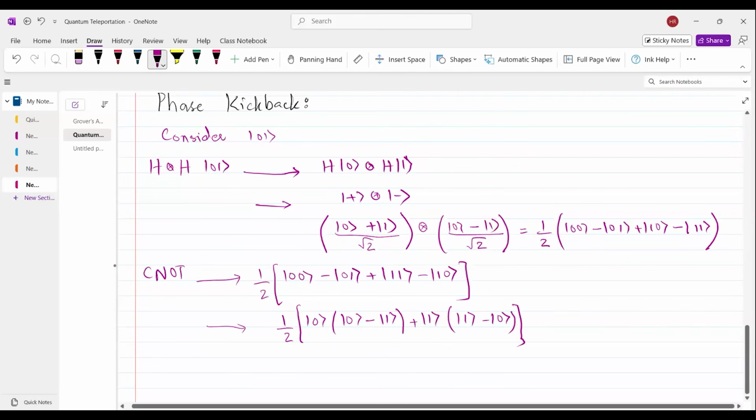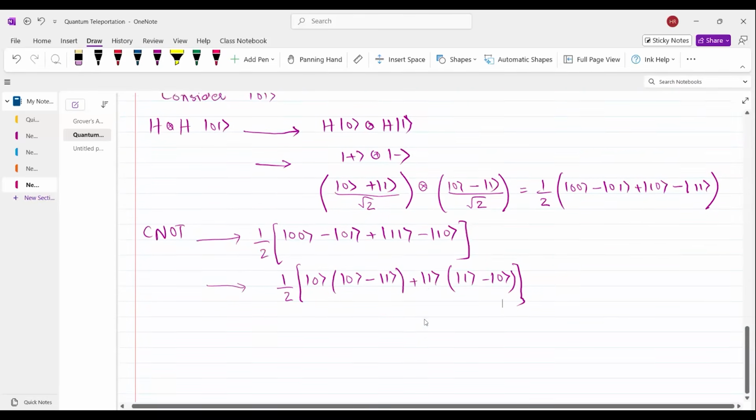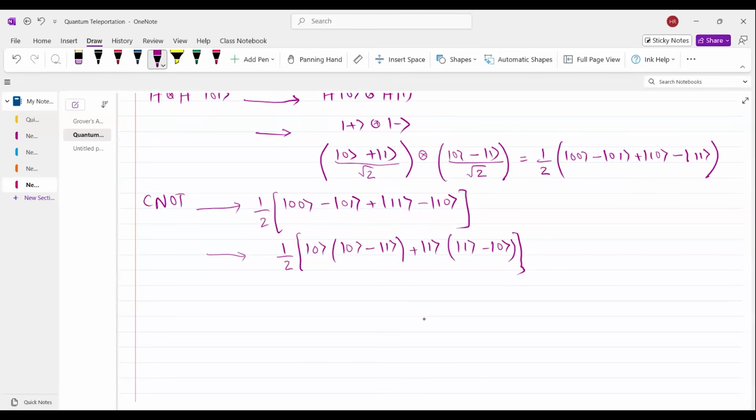What we notice is that in the second qubit, the states are flipped. Now we have a negative sign with the 0 qubit, and if we take this negative sign common and take it out, what do we get?